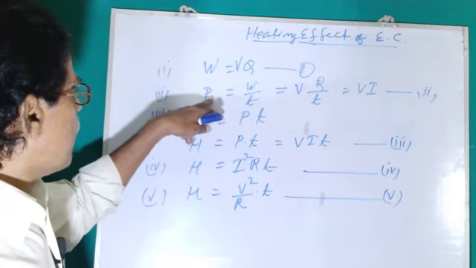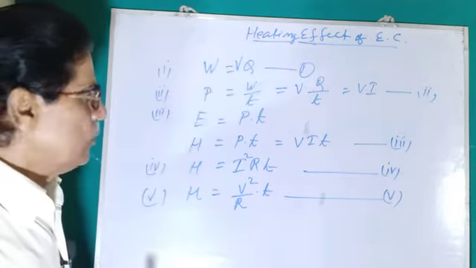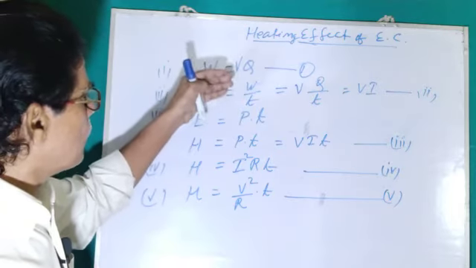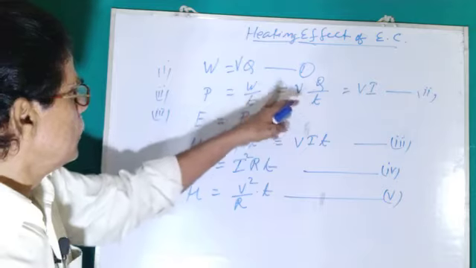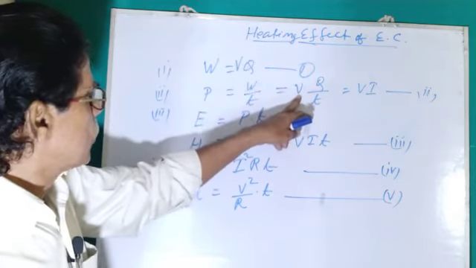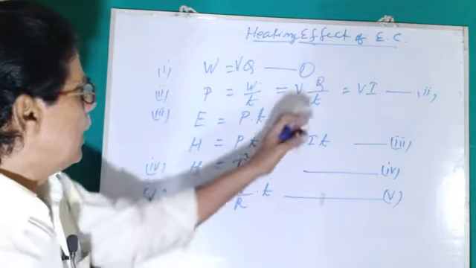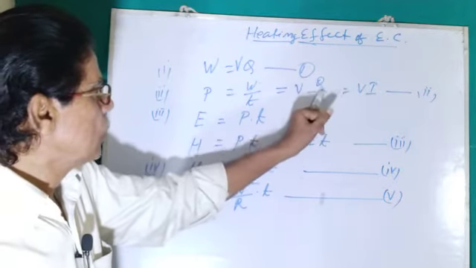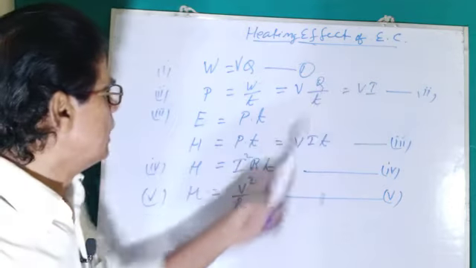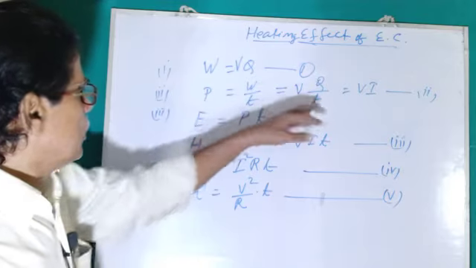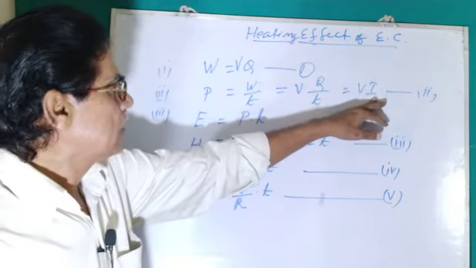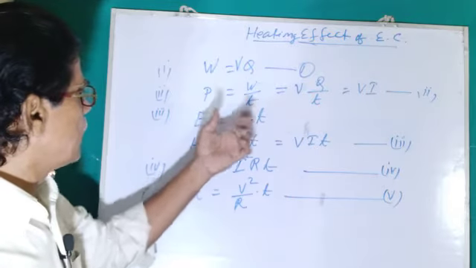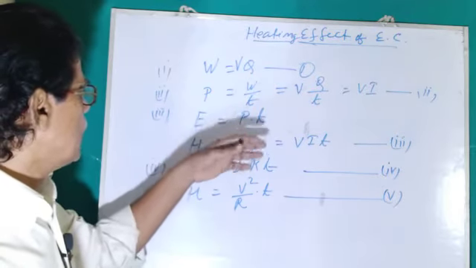Now, since power equals the rate of doing work or the rate of consuming energy, P equals W by T. Since W equals V into Q, it is V into Q by T, and Q by T, the rate of passage of electric charge, is electric current, so P equals V into I. So if you know the potential difference and current strength, you can find the power, and if power and time are given, then you can find the energy consumed.